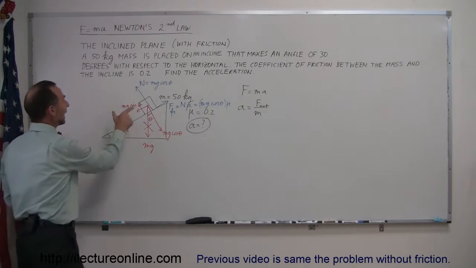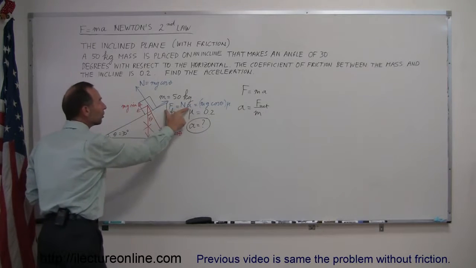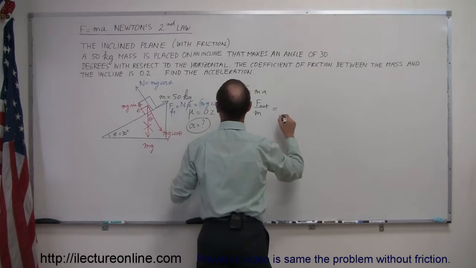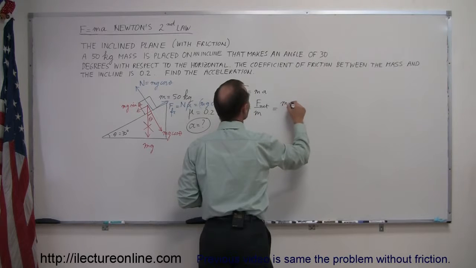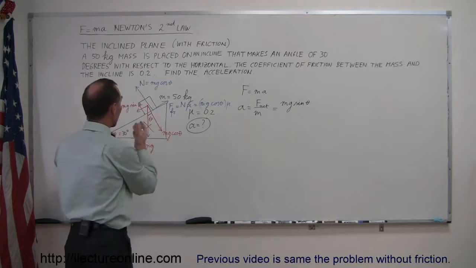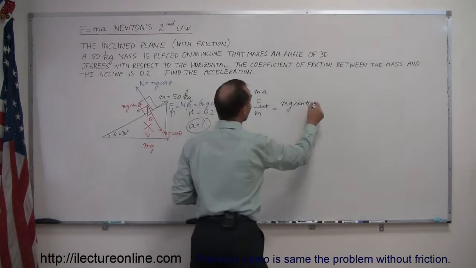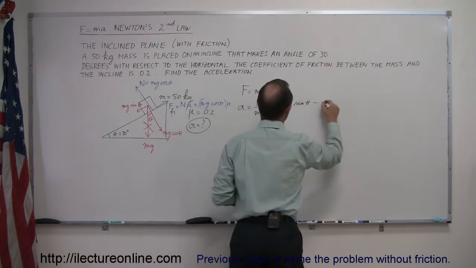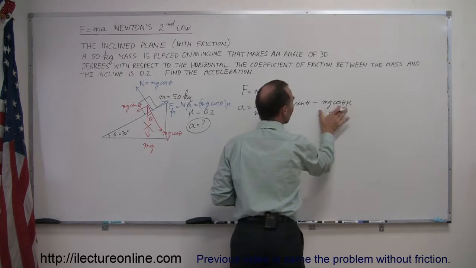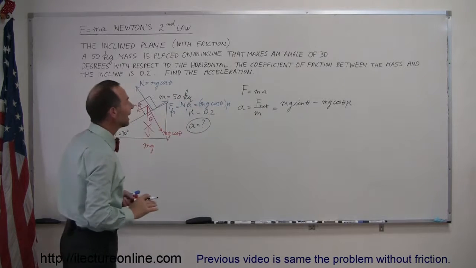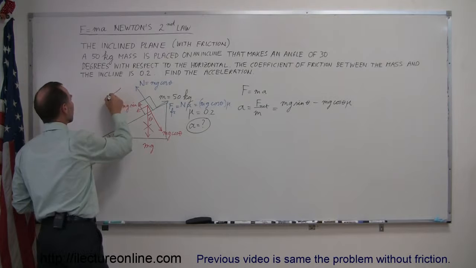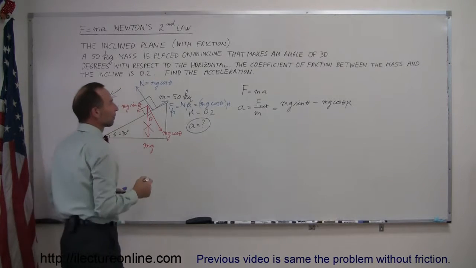So, since this is aiding the acceleration and this is opposing the acceleration, the net force then becomes mg sine theta, which is the force that causes the acceleration to happen, minus the friction force, which is the mg cosine theta times mu. This is the friction force trying to keep the object from accelerating. Of course, I'm assuming that the acceleration will be in this direction.